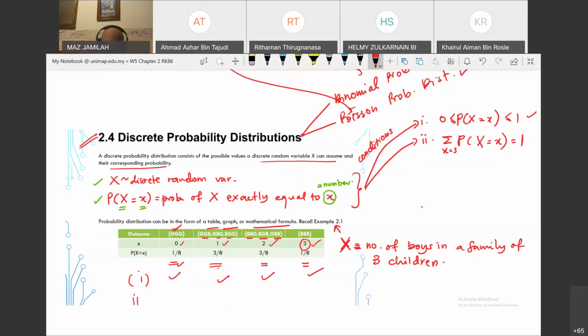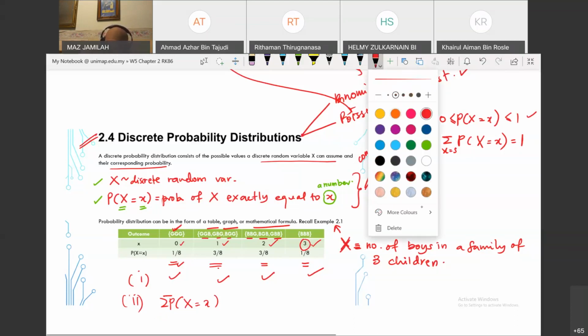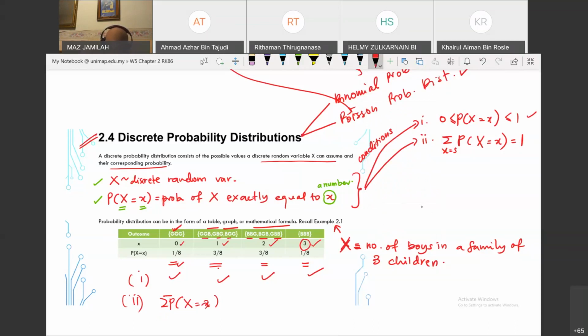For condition number 2, if we sum all the probabilities, the summation of P(x) for x from 0 until 3 is equal to 1.